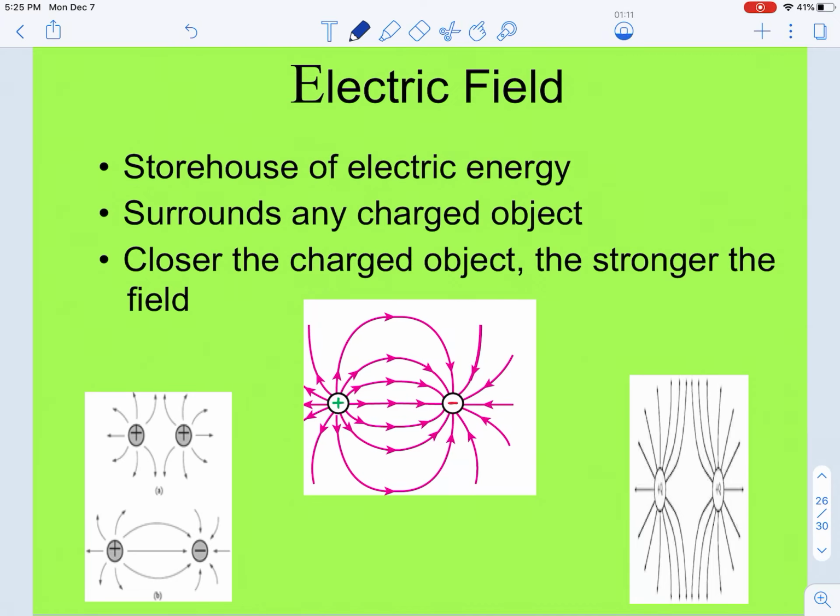It says here that it surrounds any charged object, so make sure that you understand that the electric field is going to surround my electric charge. So you see that those lines are located all the way around our positive and our negatively charged things. The closer we get to the electric charge, the stronger the electric field is.